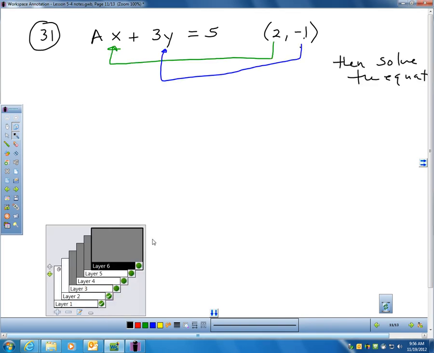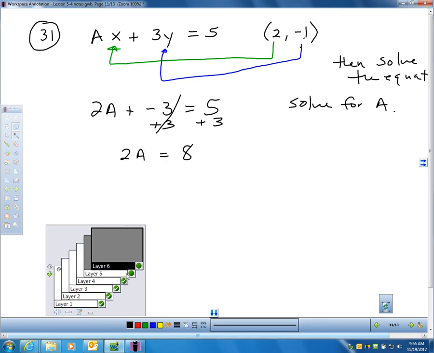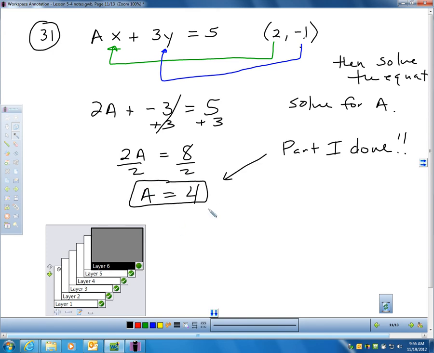Take 2 and plug it in for x. Take -1, plug it in for y, which gives you 2 times a plus, well, over here, 3 times -1 is -3 equals 5. All you got to do now is solve for a. Add 3 to each side. 2a equals 8. Divide each side by 2. A equals 4. Okay, part 1's done.